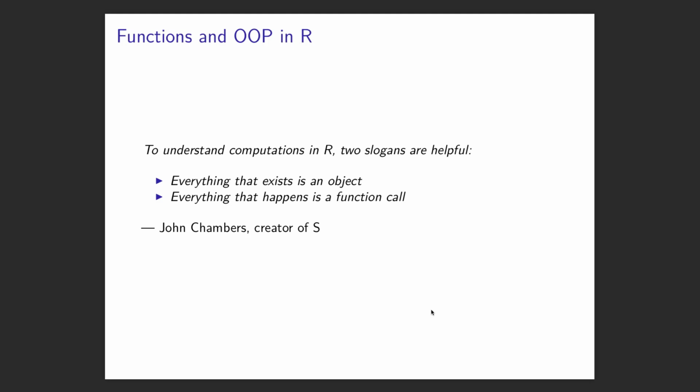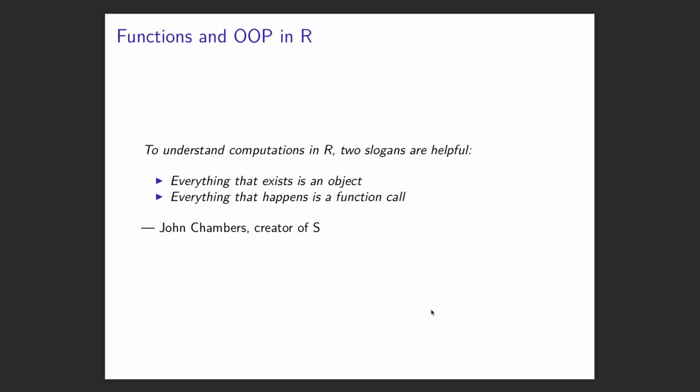Okay, so let's talk about functions and object-oriented programming in R, starting with functions. John Chambers is the creator of the S language. For those of you who are unaware, S was the predecessor language to the R language. R was essentially created as an open source version of S. The S kind of stands for statistics.